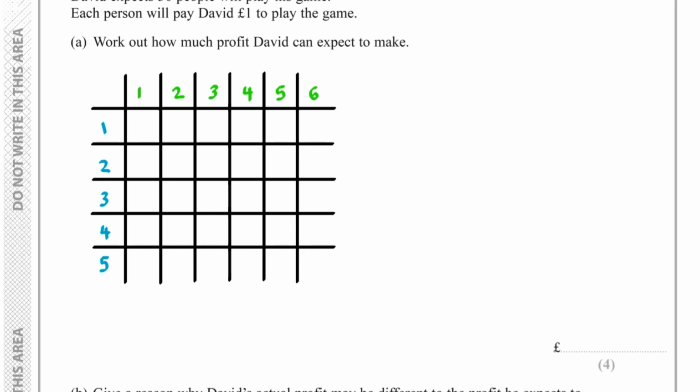Now, if we roll a 1, we win £2. So we win £2 if we spin a 1 or roll a 1.